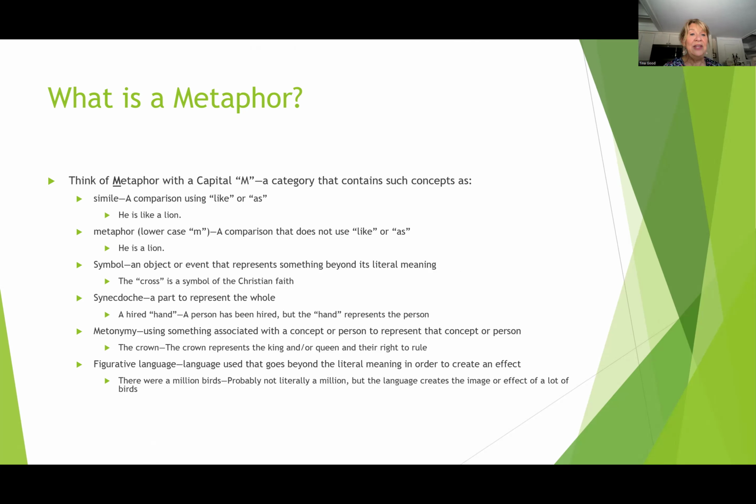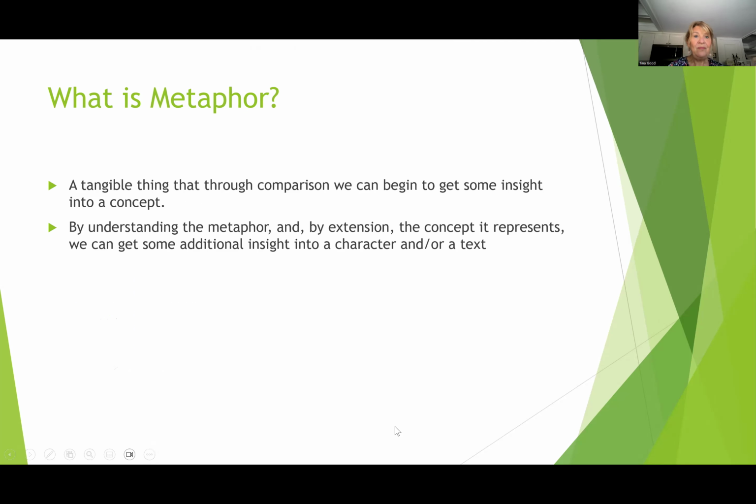So it is a category that contains these things, but what it actually does is it takes a tangible thing, something that we can touch, see, hear, smell, something that our senses can observe, right? And then uses it to understand a concept that is not so tangible, a concept that is more complex, something that's abstract, right?